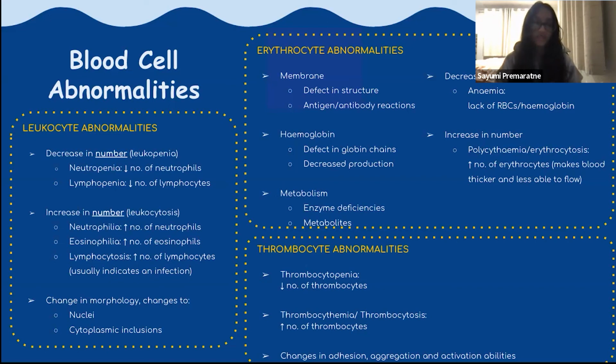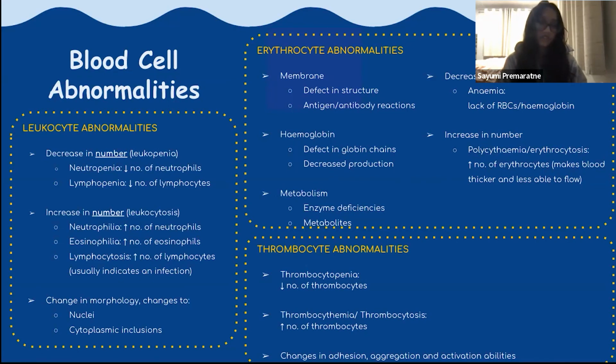So those chains that we talked about, there could be issues with them, or there could just be a decreased production, and that we saw was called anemia. Then there can also be issues with metabolism. So you can have deficiencies in the enzymes, and also issues with the metabolites and deficiencies in them.